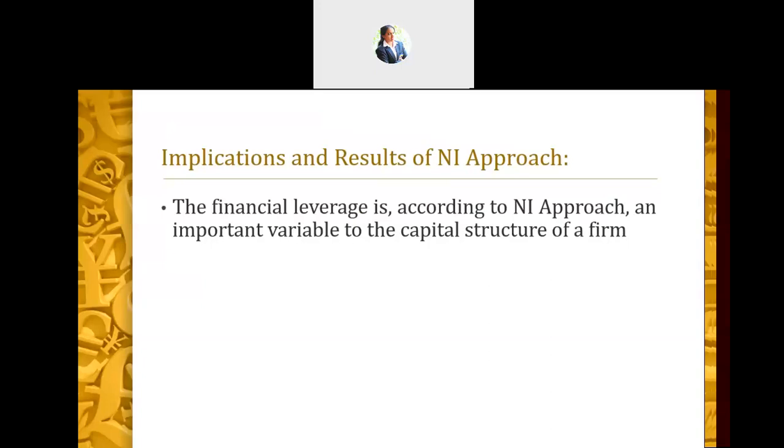In situation A, a company has taken 60% of debt and 40% of equity. While on the other hand, in situation B, the company has taken 60% of equity and 40% of debt. Now each of these has its own cost. The capital has its own cost, expenses have to be made when the company uses different kinds of capital.